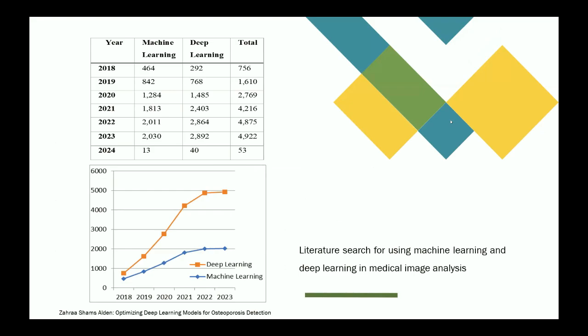There are fewer in 2024, but since our work for this article was written in early 2024, the number of papers is smaller. We can see from 2023 that the number of research papers published in Web of Science using deep learning had increased over time, to a total of over 2,800 papers.